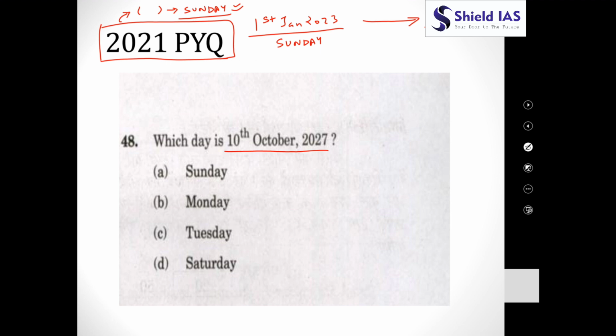So then by taking this as your reference day, you can calculate what will be the day on 10th October 2027. And as the reference day has no effect on the day on 10th October 2027, we are free to choose any reference date of our choice. Here in this case, as we are always taking 1st January 2023 as Sunday, we will be continuing this only. Yes.